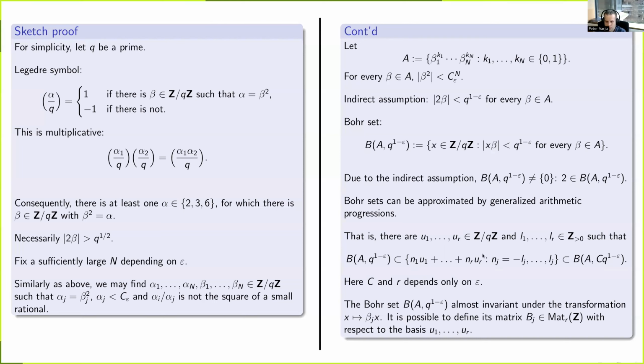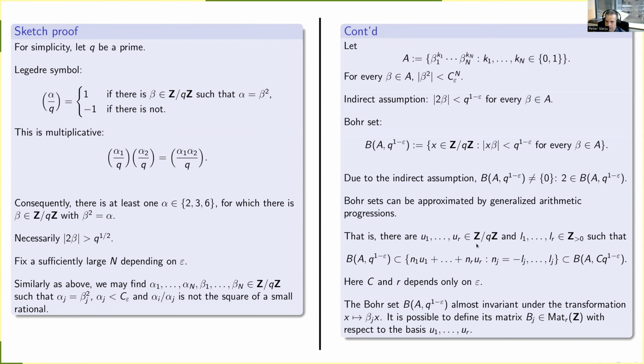And it will turn out that this is going to be a linear action. So I can define some sort of matrix for this action with respect to the basis u1 up to ur. So there will be a corresponding matrix with integer entries of rank r that corresponds to this transformation.